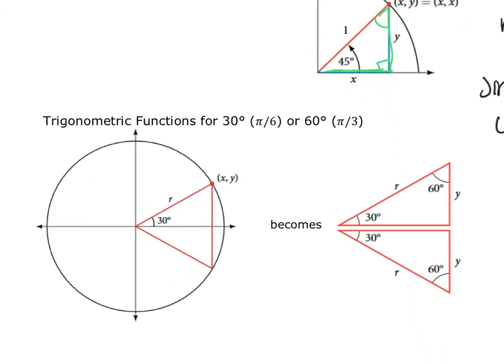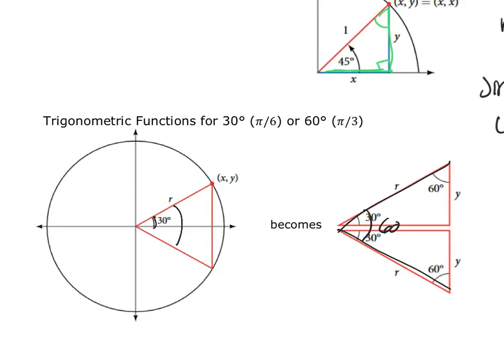Now, if we take a look at the 30 and 60, if we first build a 30-degree triangle here, in other words, there's 60 there, what I know for the 60 is that this and this are the same radius. And each one of those angles is 60. So what kind of triangle is it if every angle is 60?